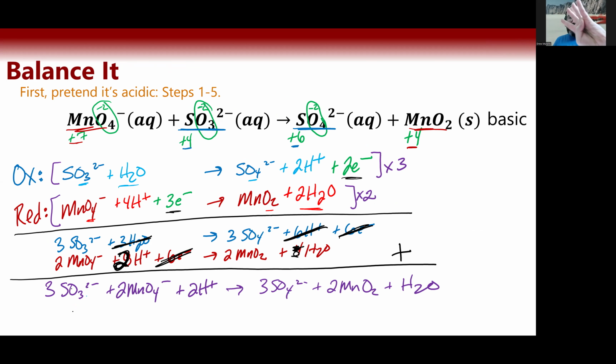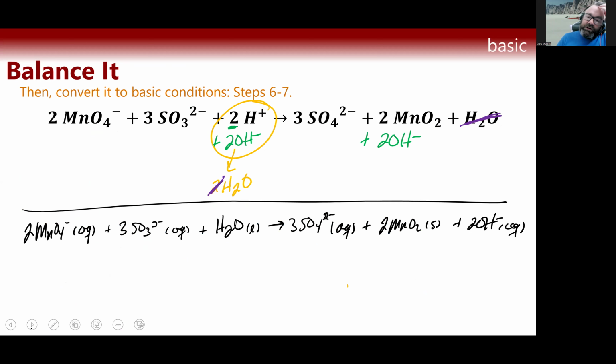Then multiply if we need to, which we did here. I rewrote them so it looked nicer. And then add them together and cancel stuff out. Then once they're canceled and you're acidic, we have to add OH minus to both sides, equal to the H plus on that side, so that we get water and then cancel any extra waters.